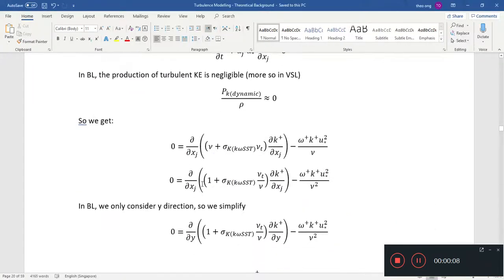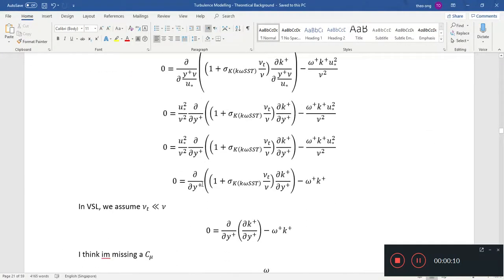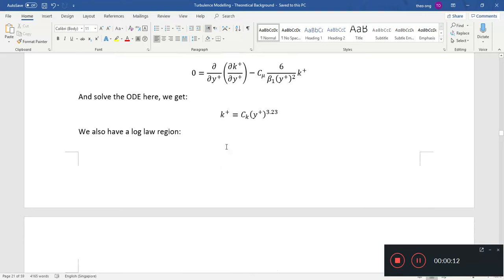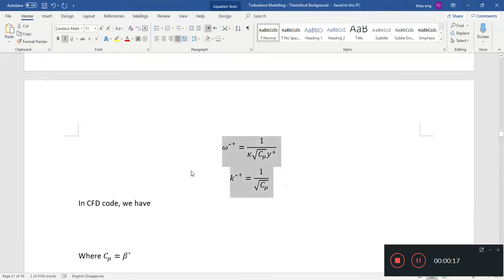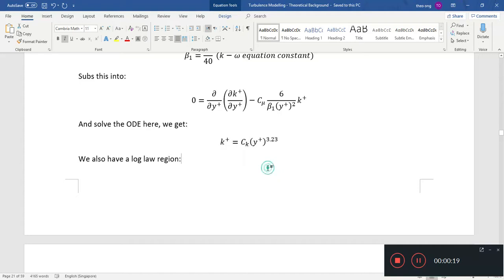So in the last video we were talking about the k plus equation, and there are two expressions, one for the log law and one for the viscous sublayer. And you might be wondering what this ck is.